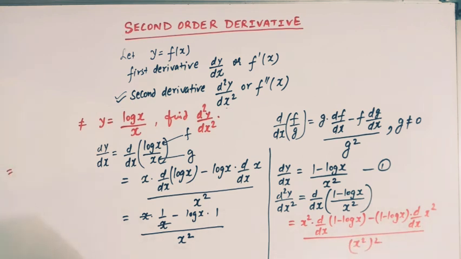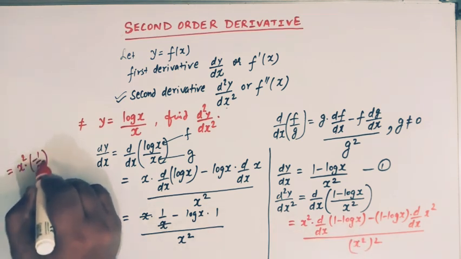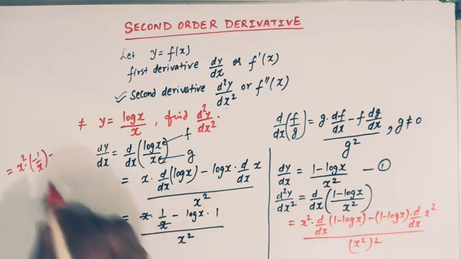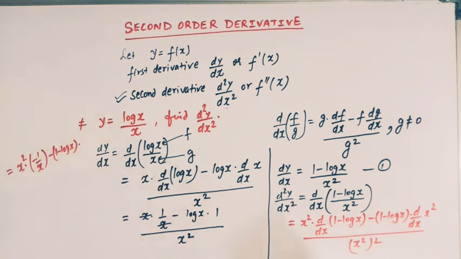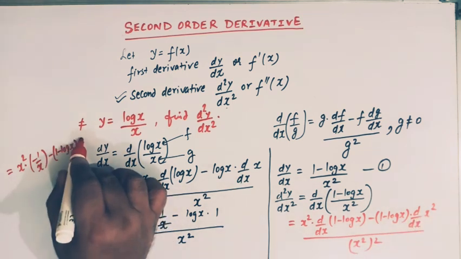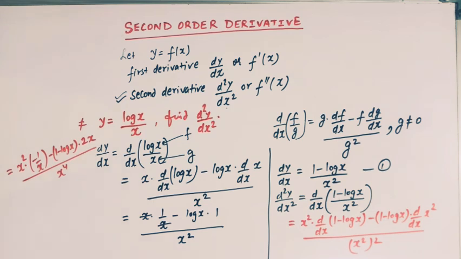So here we have x square, then the derivative of 1 is 0, the derivative of log x is 1 over x, so we have here minus 1 over x, minus here we have 1 minus log x, then the derivative of x square is 2x, and divided by x raised to 4.